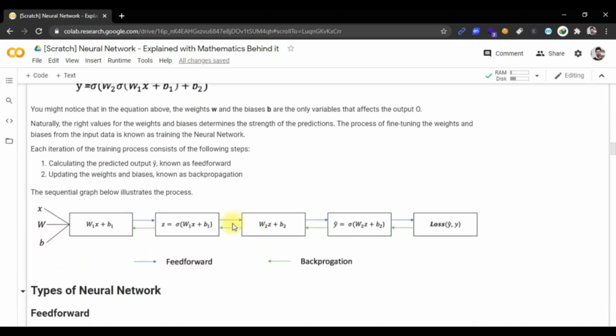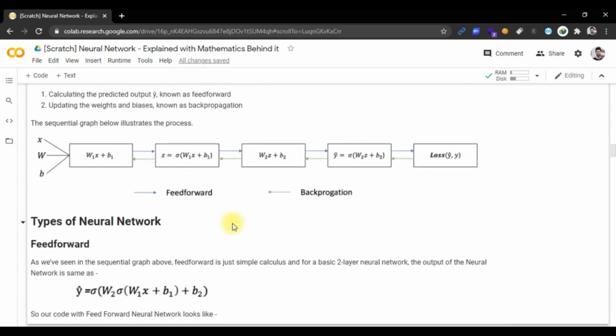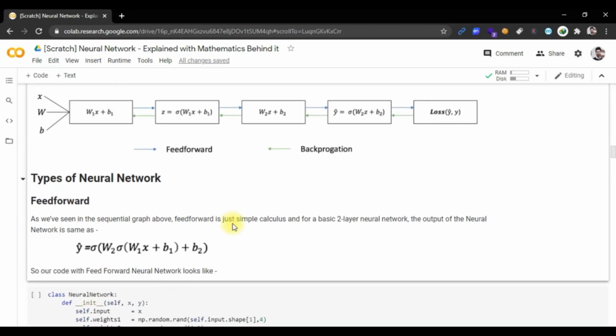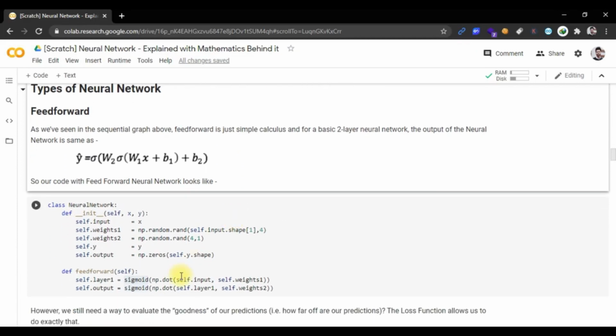So on the basis of those, neural networks are of two types. The first is feed forward, the second is back propagation. Feed forward networks are the simplest neural networks, in which you just give the input values, weights and biases, and it works on those and generates the output. Simple. So as you see, this is my code here.